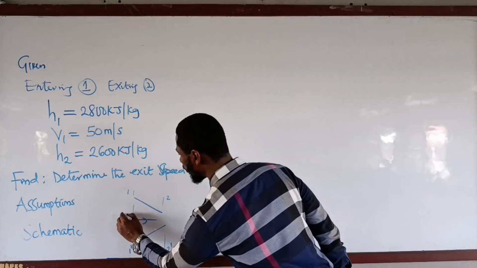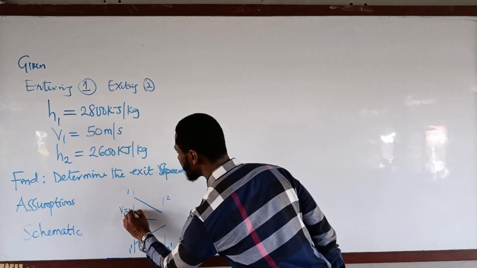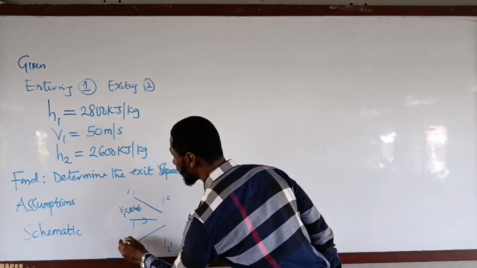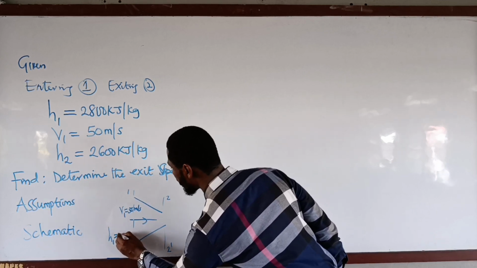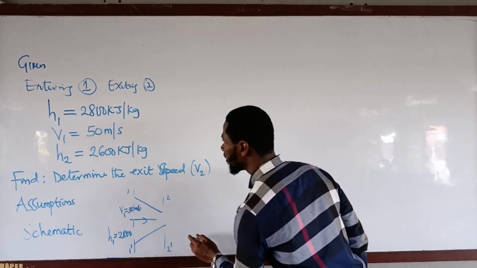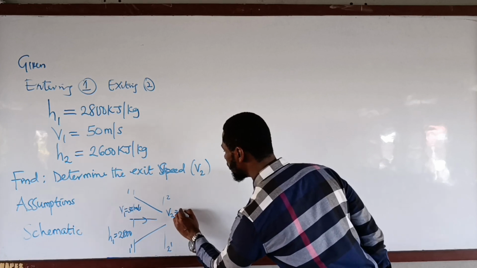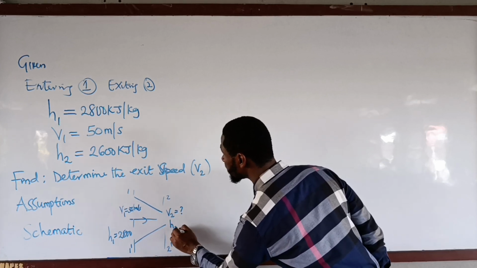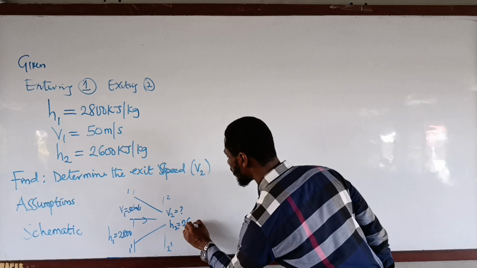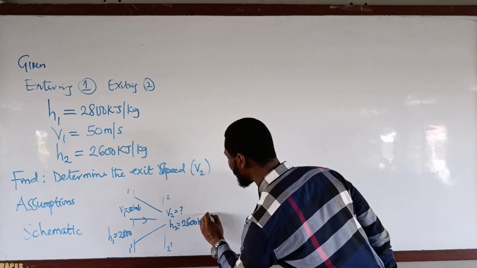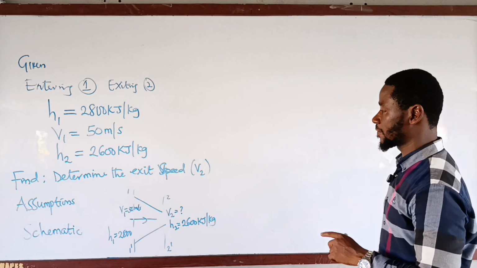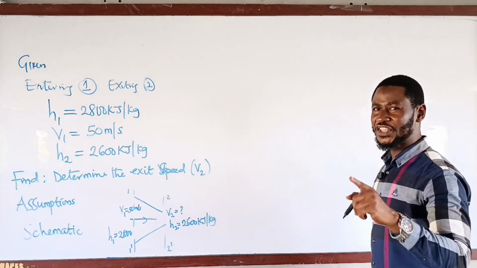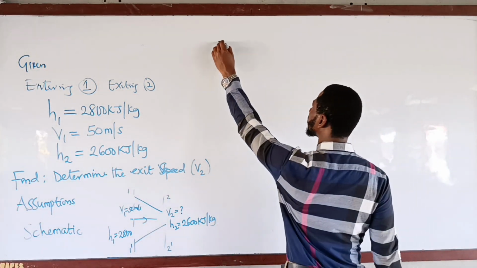At this level, V1 is 50 meters per second and H1 is 2,800. Then V2 is unknown, and H2 is given as 2,600 kilojoules per kilogram. The next thing is to write out the governing equation.